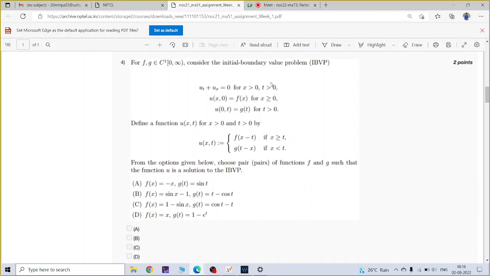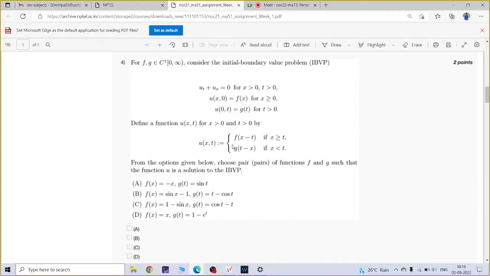Okay. So question number 4 is: suppose two functions f and g are given. They are C1 functions, C1 is continuously differentiable, and the differential equation is u_t plus u_x equal to 0. That is a transport equation. And u(x,0) equal to f of x for x greater than or equal to 0, and u(0,t) is g of t.